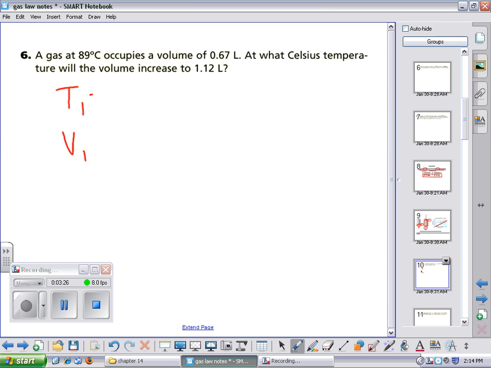The original temperature was 89 degrees Celsius, but that has to be in Kelvin, so we add 273 to that number, and it turns out to be 362 Kelvin. The volume at that temperature is 0.67 liters.